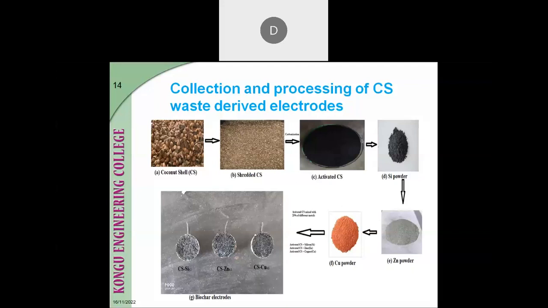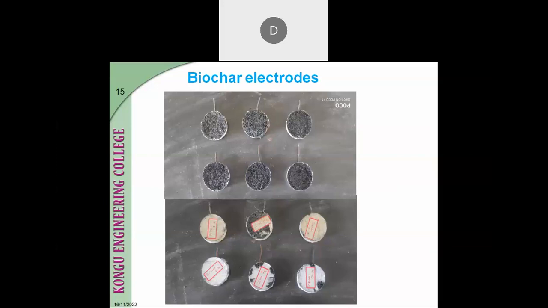So this is the synthesis, or processing, of coconut shell waste derived electrodes. This is the labeling, which is just to identify the samples.